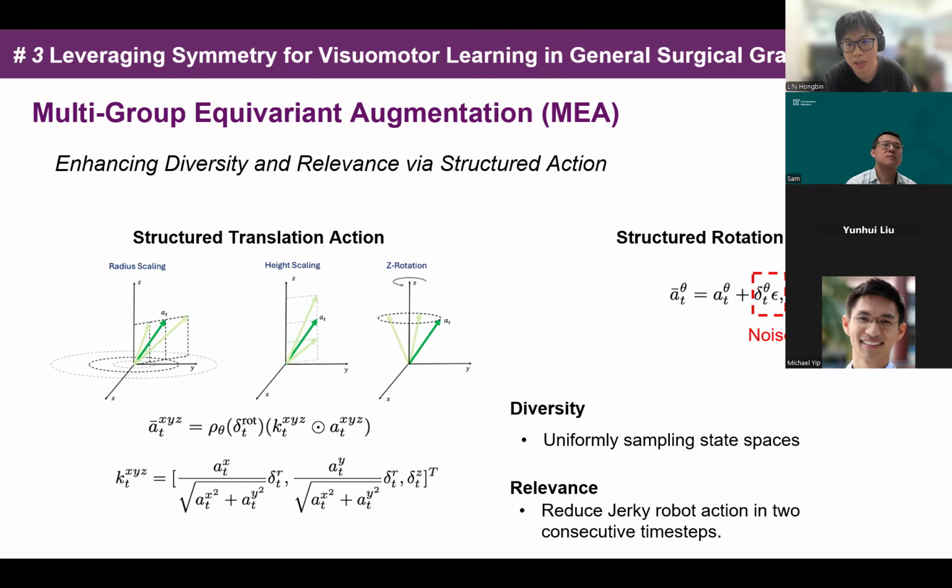The translation action is transformed by the radius and height scaling, as well as the Z rotation. The rotation action is transformed by adding small noise. So our structured action can improve the diversity of the data augmentation, such as uniformly sampling the entire state space. It also improves the relevance of the data augmentation, such as reducing the jerky motion in 2 consecutive time steps.